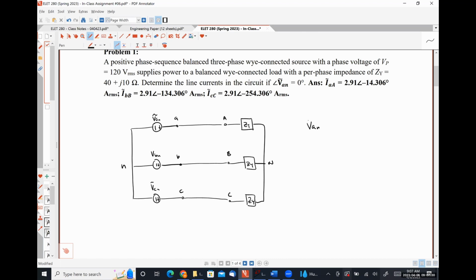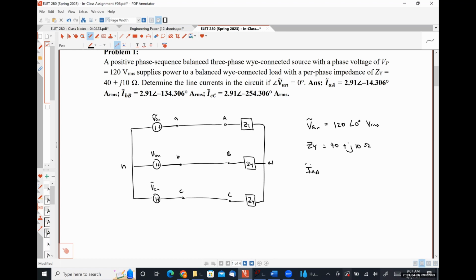From the problem statement, we know that our voltage VAN has a magnitude of 120 and an angle of 0 degrees. We know that our impedance ZY has a value of 40 plus j10, and we're trying to solve for our line currents.